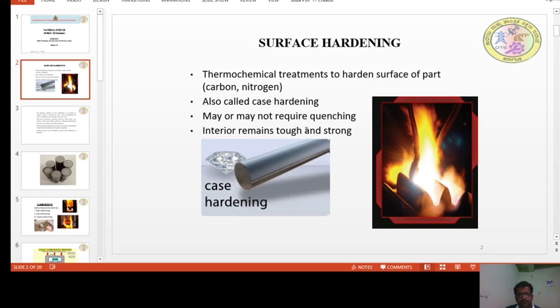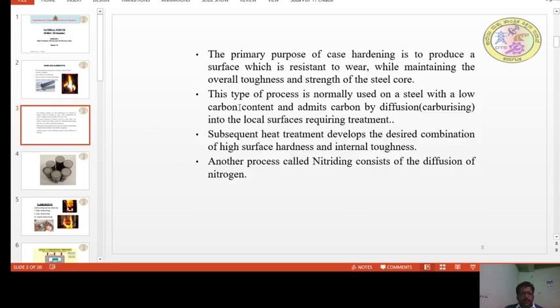The interior remains tough and strong. The primary purpose of case hardening is to produce a surface which is resistant to wear while maintaining the overall toughness and strength of the steel core.